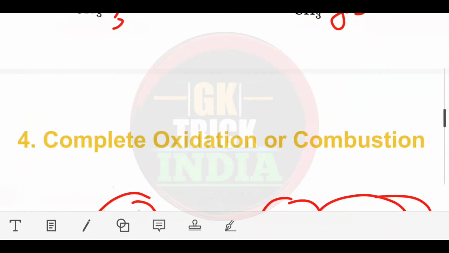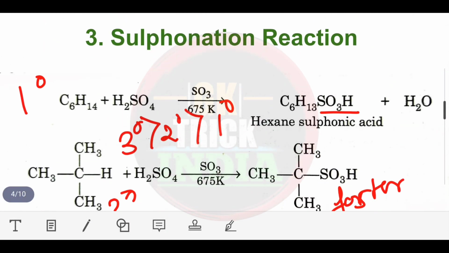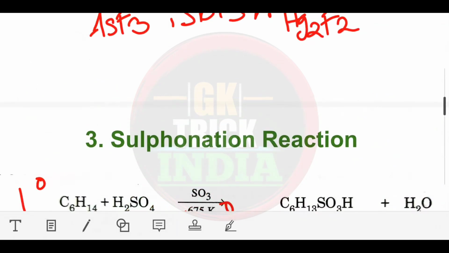Next, we have also talked about the sulphonation reaction, where one hydrogen gets replaced by the SO3H group under fuming sulfuric acid condition.